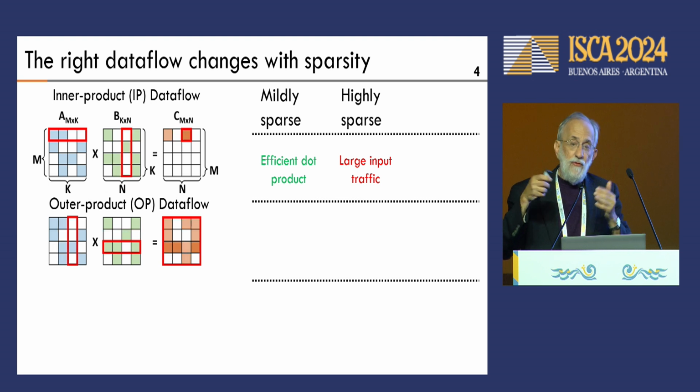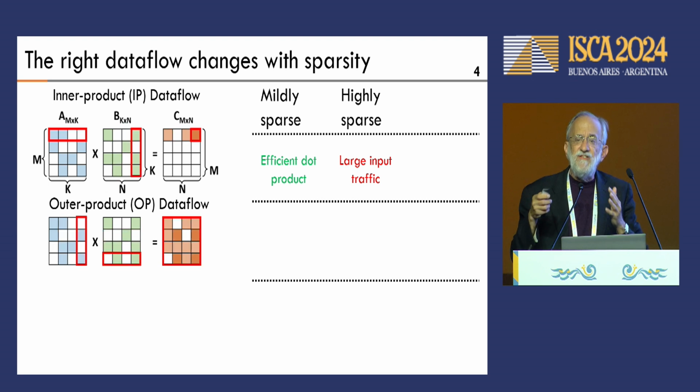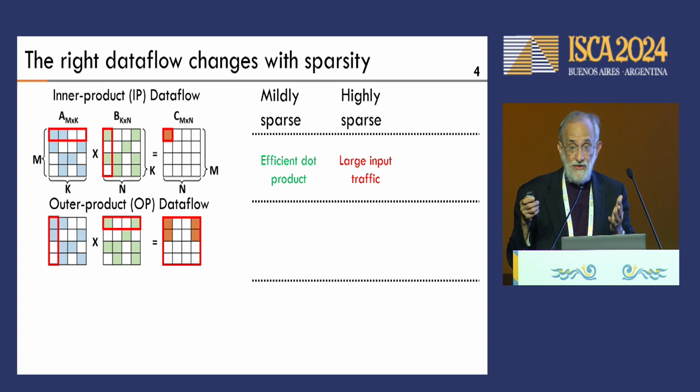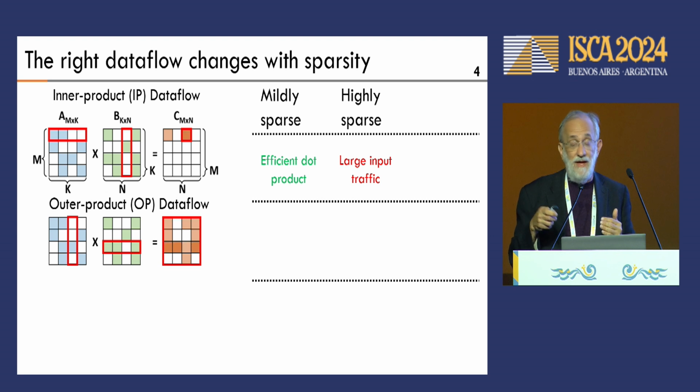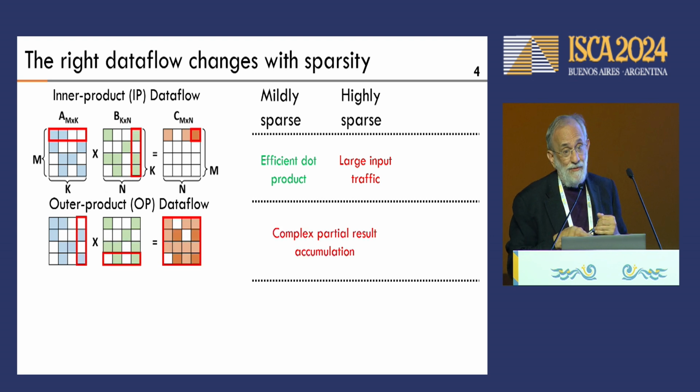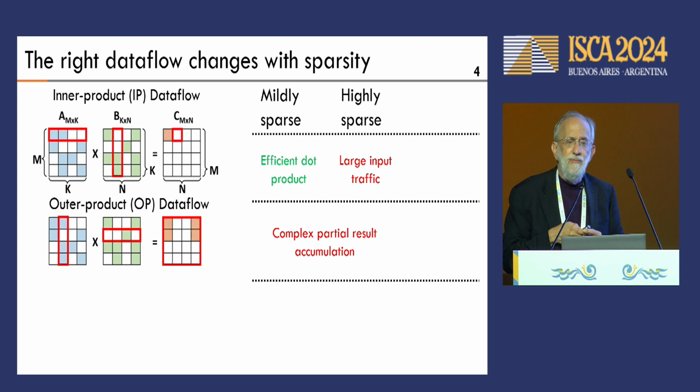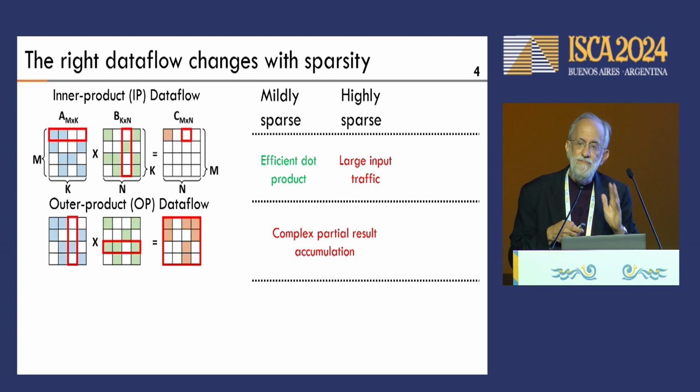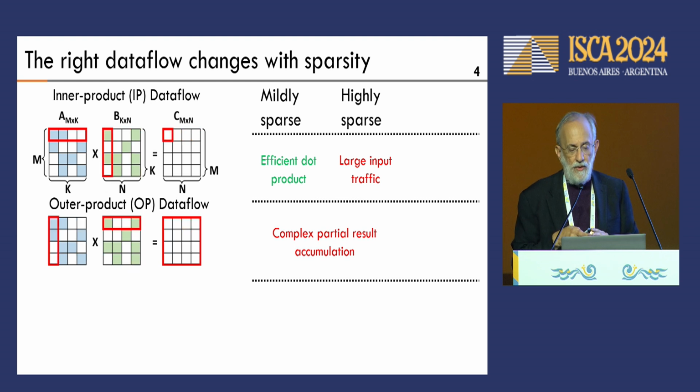For each of those combinations, you create a separate output matrix, and those then need to be reduced together. In general, what people found is that the complex partial result accumulation makes these not optimal designs. And so I'm not going to consider outer product anymore.